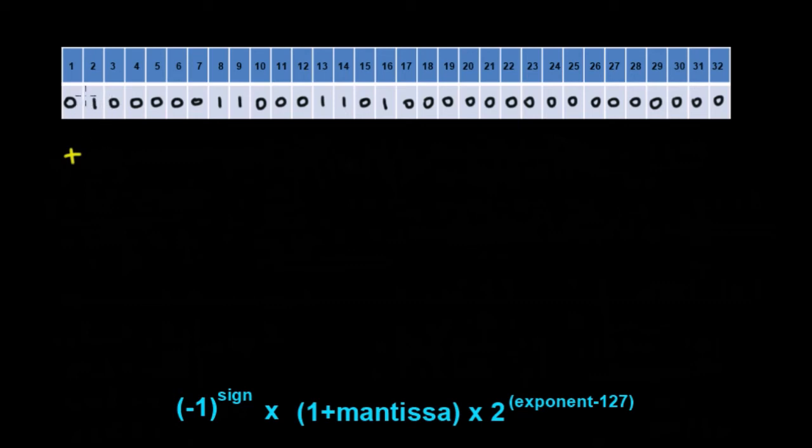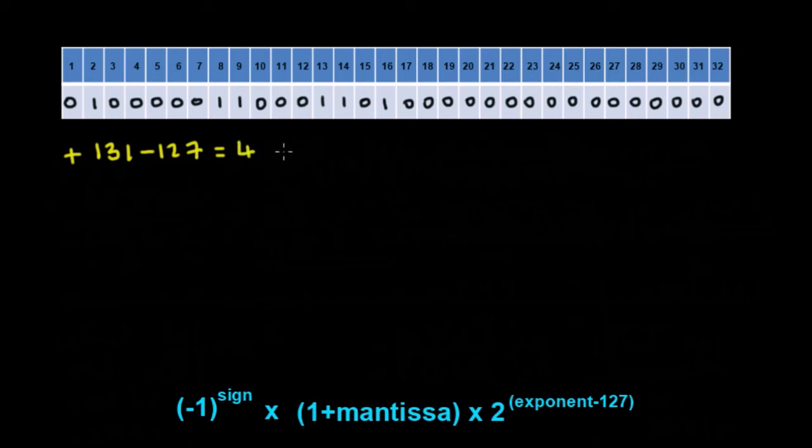So that's 128 plus 2, which is 130, plus 1, which is 131. But that's not the whole thing. We have to then take away the value 127. So the value for the exponent is 131 minus 127, which is 4.